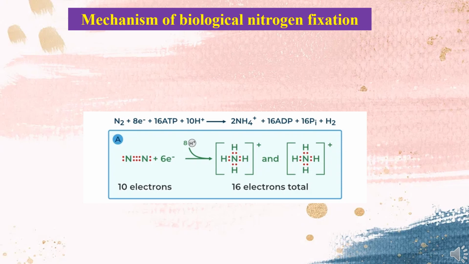Then coming to the mechanism of biological nitrogen fixation. Biological nitrogen fixation can be represented by this equation, in which 2 moles of ammonia are produced from 1 mole of nitrogen gas at the expense of 16 moles of ATP and a supply of electrons and protons.